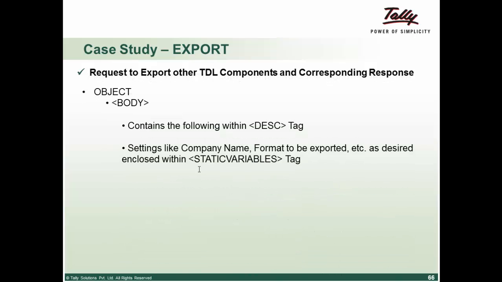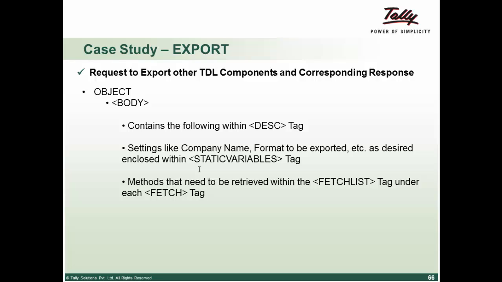At the body tag you need description, so like the settings of the XML, like for company name or anything of the static variable types. Then you would require the fetch list under the fetch tag, because when you're calling an object you need to call its methods, so we'll require that fetch list tags.